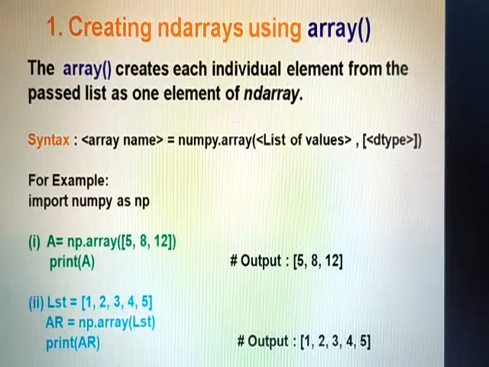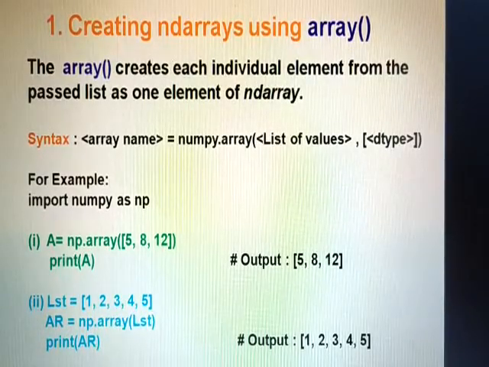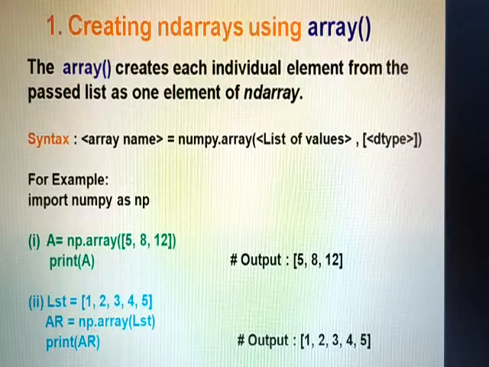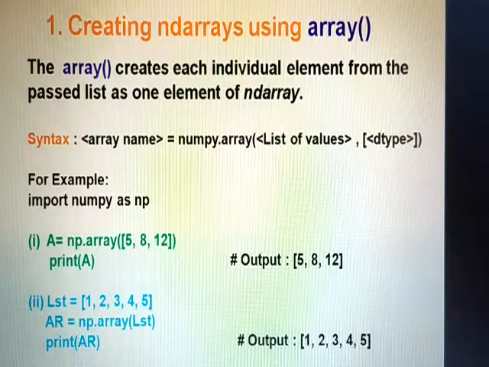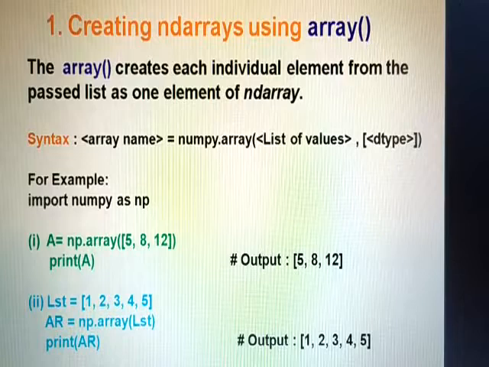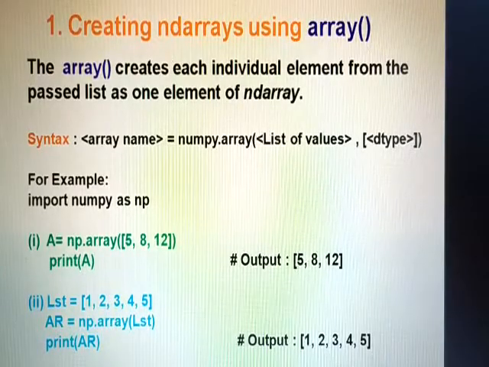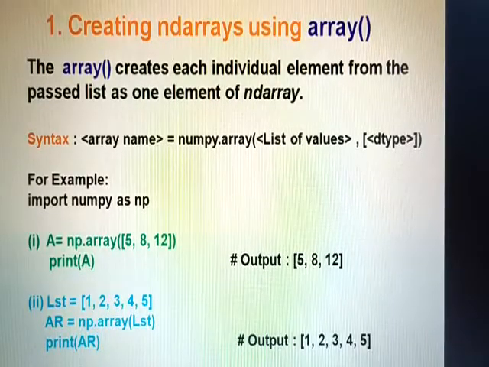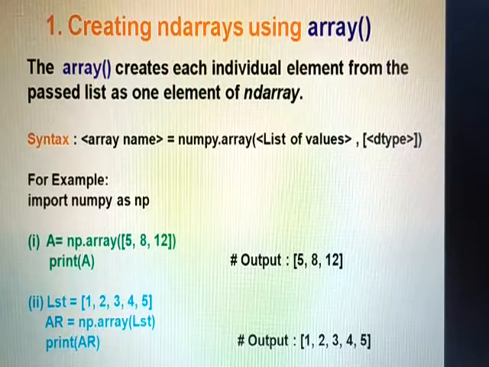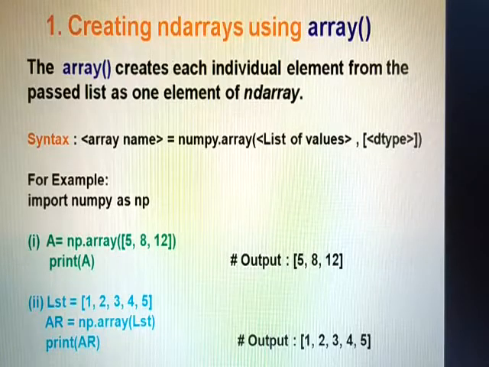The syntax is array name equals numpy.array, that is the function, and the parameters are a list of values and optionally dtype. Dtype is the data type, where array name is the name of the array, just like an identifier.